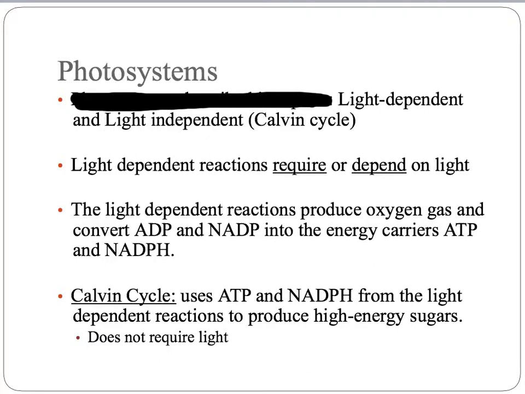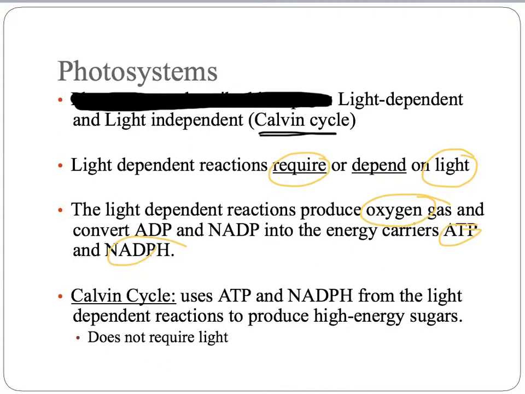There are two parts to the photosynthesis reaction, the light-dependent and the light-independent. The light-independent reaction is also called the Calvin cycle. The light-dependent reaction depends on light or requires light. So in the light-dependent reaction, oxygen is produced, and you can think about it like the batteries are charged.